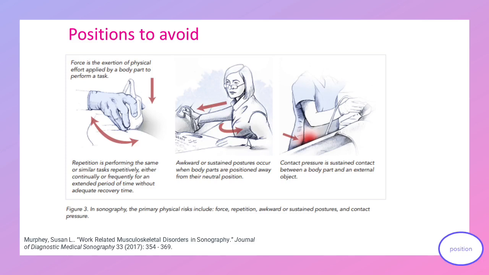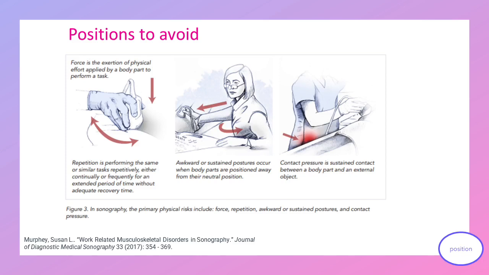Now in abdomen and renals, exams where we have to deal with bowel gas, which is a big bugaboo, a lot of times we'll use excessive force with our own wrist and hand. So sometimes it's helpful, if you have a bed that adjusts, to put that bed lower so that you can put more force and straighten your arm out more, and not put so much tension on your wrist itself.